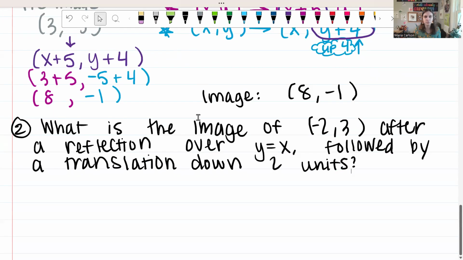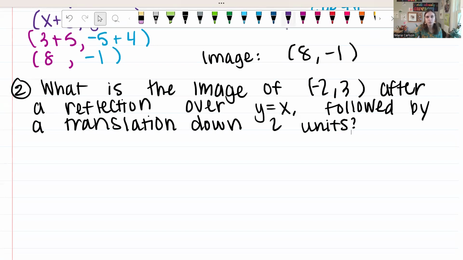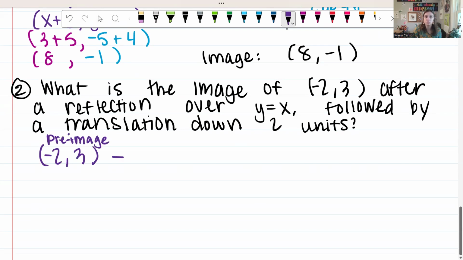All right. So we have the original point, -2 comma 3, or not our image, sorry. This is the pre-image. It has not been translated yet. And then we want to reflect it, right? So we want to reflect it over the line y equals x.